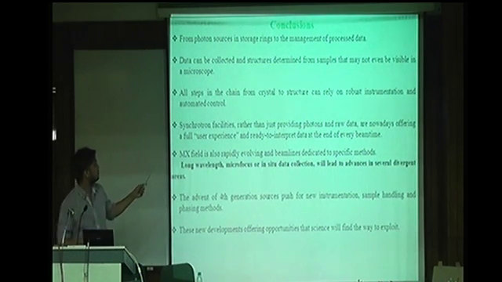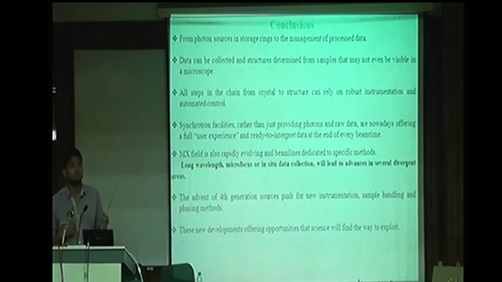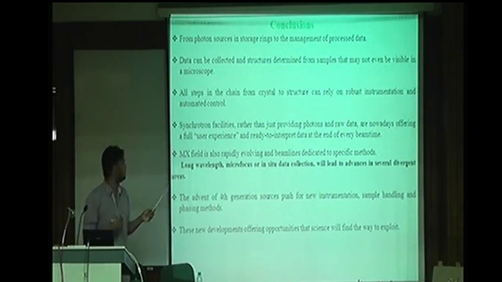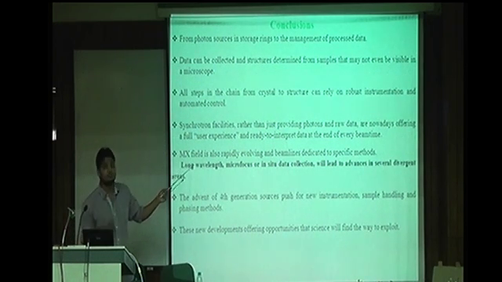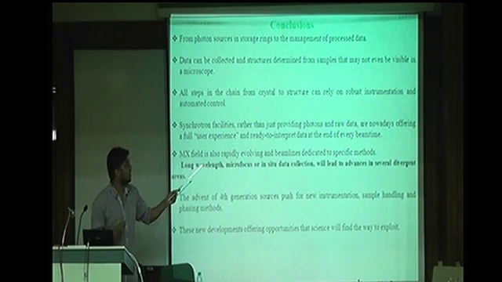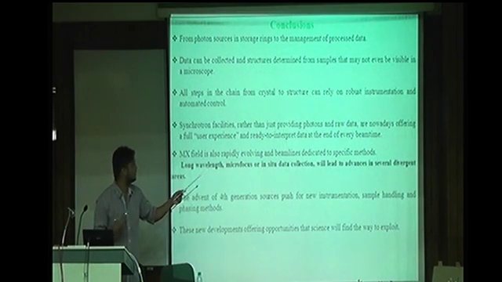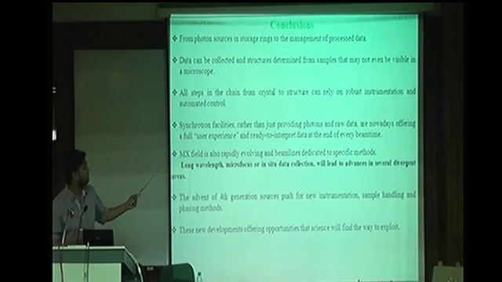Synchrotron facilities, at their initial invention, were only required to provide photons and raw data. But nowadays they have evolved to offer a full user experience and ready-to-interpret data at the end of every beamtime.